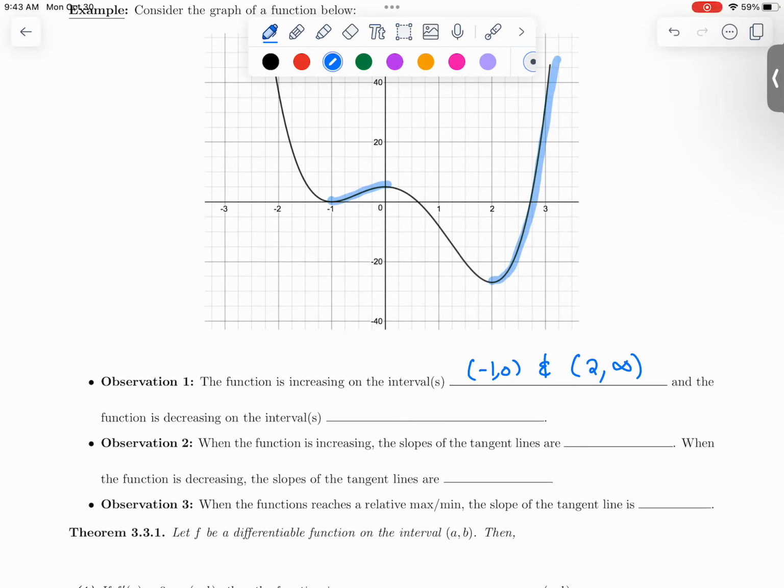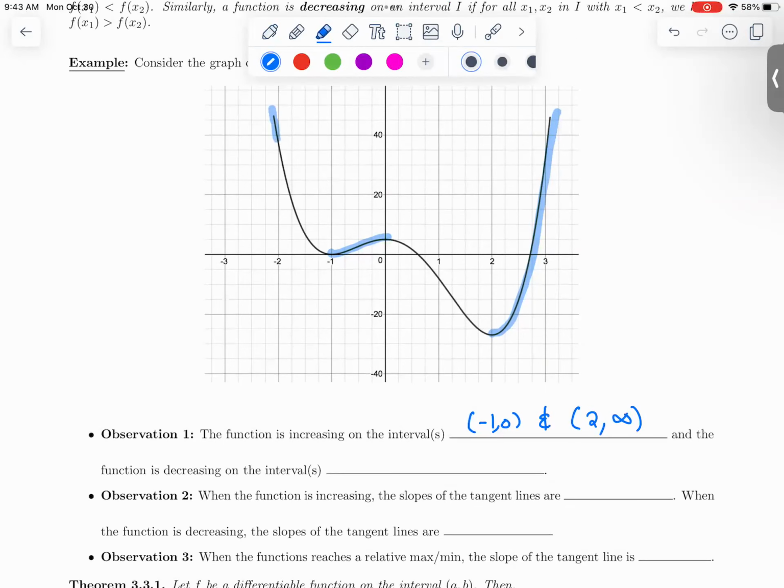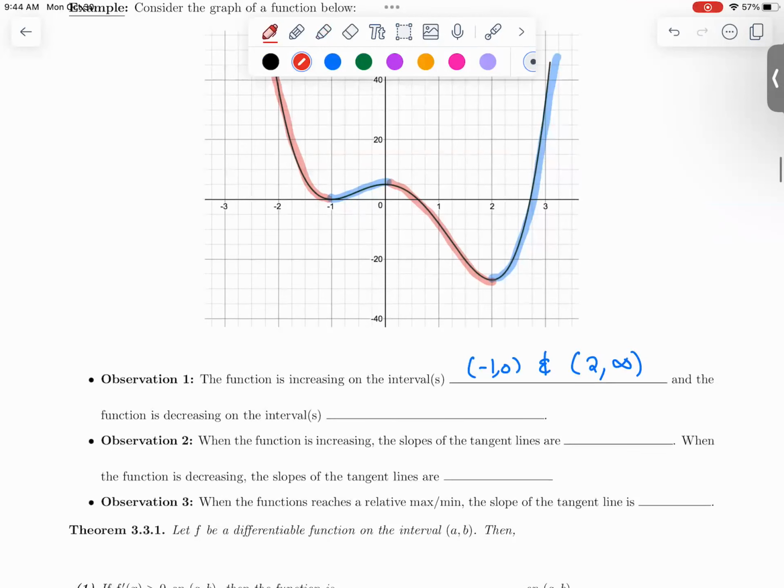That's a fact. And it's decreasing on these two intervals, from negative infinity to -1 and from 0 to 2. That's true.